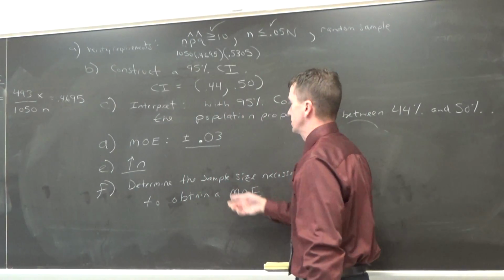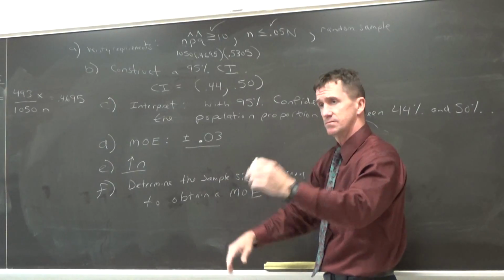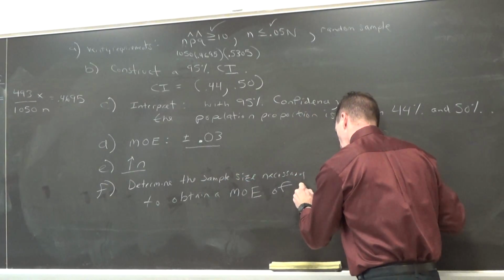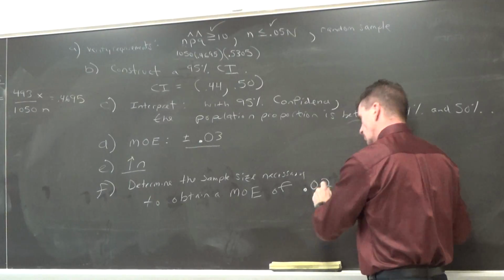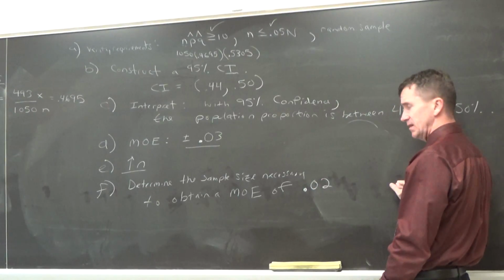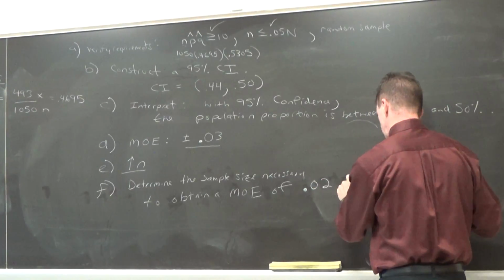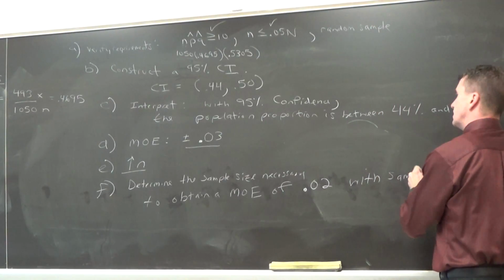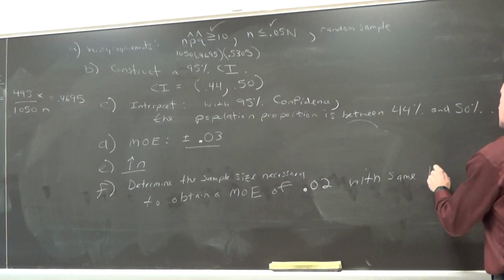I'm making this up, everyone, I'm going to pick a number smaller than this, 2%. A margin of error of 0.02. And this is with the same level of confidence, which in this problem was what? 95% confidence. All right.